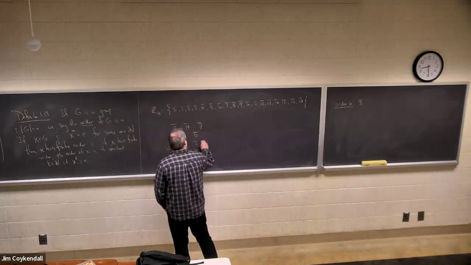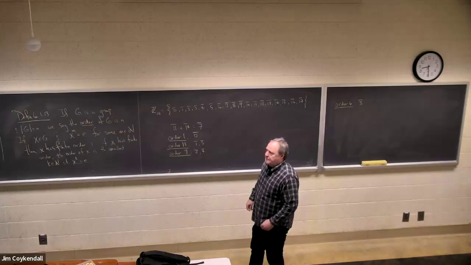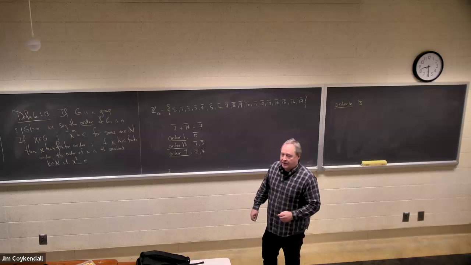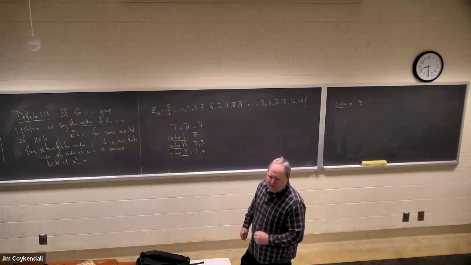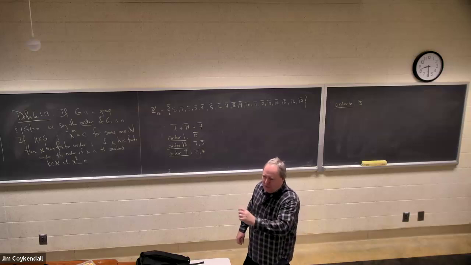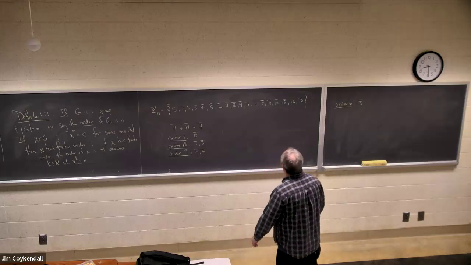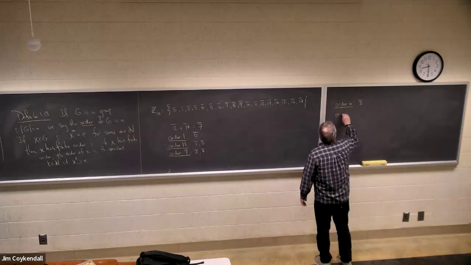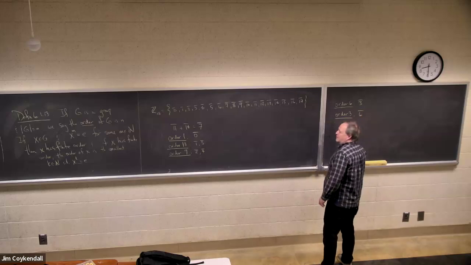Can you tell me something about 5? Why its order has to be 18? It doesn't divide 18. Neither does 4, but the greatest common divisor of 5 and 18 is 1. So to get a factor of 18 in it, you actually have to add it to itself 18 times. What's the order of 6? How about 7?